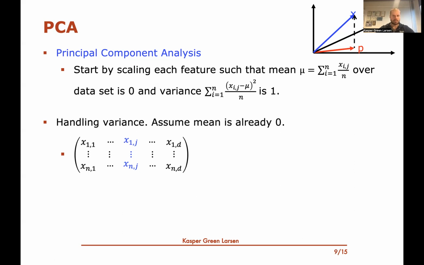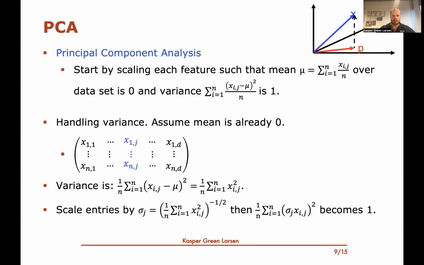Now, for the variance, we assume that we have already subtracted off the previous mean to make the mean 0. The variance, by definition, is the average over all the training examples of the squared difference from the mean. Since the mean is now 0, it's just the average over all the training examples of the square of that feature value. Now we need to make this whole expression become 1 by scaling each of the xij's by the same value.